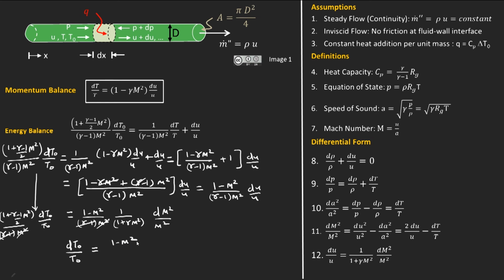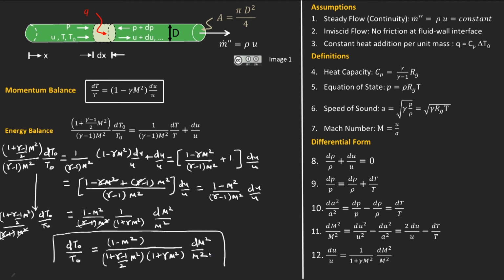So we have the 1 minus M square remaining in the numerator divided by, once I move that to this side, 1 plus gamma minus 1 over 2 M square, and then we had a 1 plus gamma M square here. Okay, and the last term is dM square over M square.